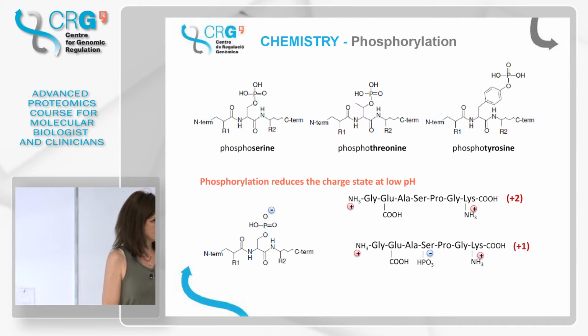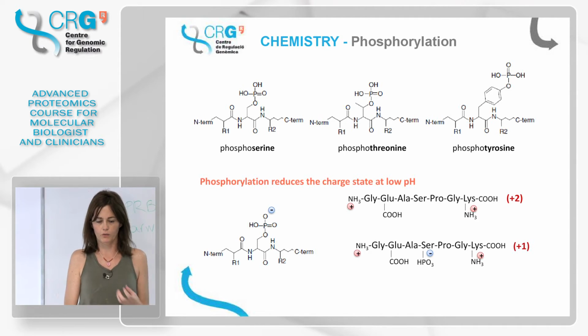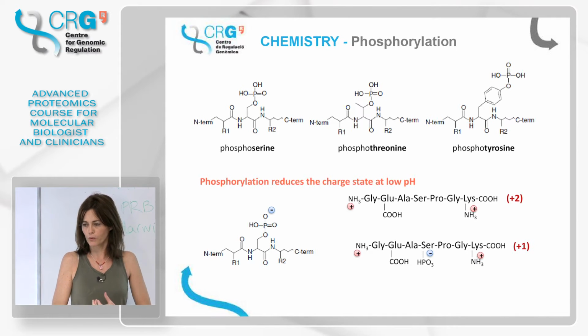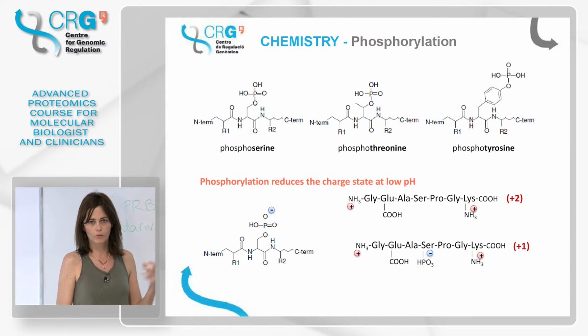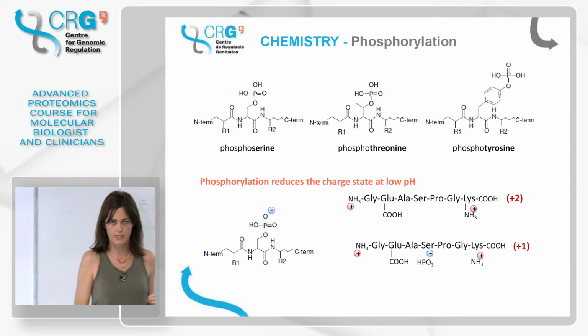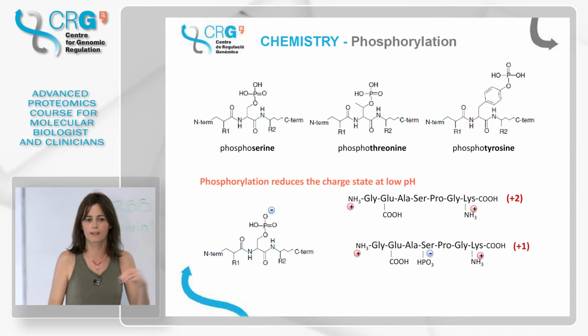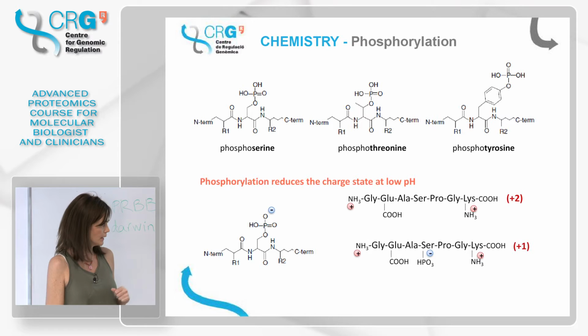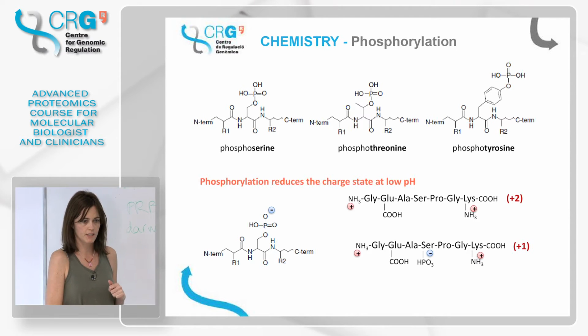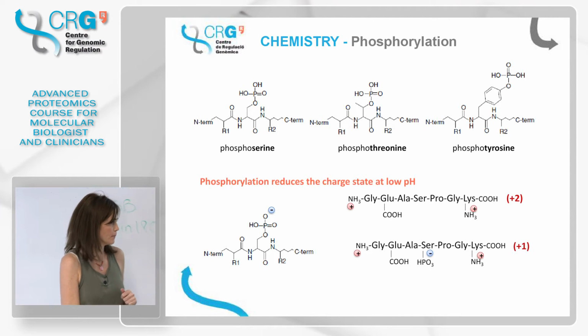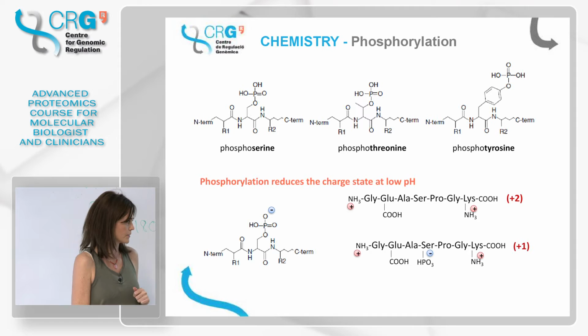So in general, you have seen that in our sample preparation, we are working in acidic conditions because we want our peptides to be ionized when we put them in the mass spectrometer. And we work with peptides positively charged. That's why we work in acidic conditions. In these conditions, when we add a phosphate group, this one adds a negative charge. So this would be a typical peptide with two positive charges.